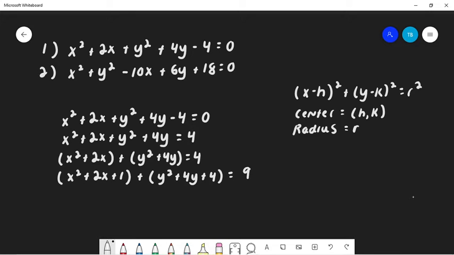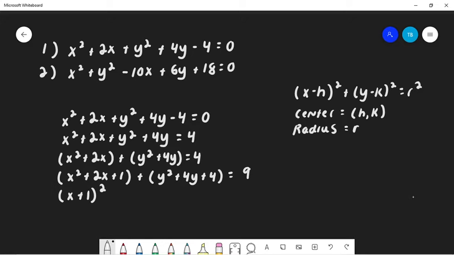Then when we rewrite the binomial, it would just be (x + 1)². So we haven't changed anything. All we did was take the perfect square trinomial and condense it into the square of a binomial. That's all we did there.